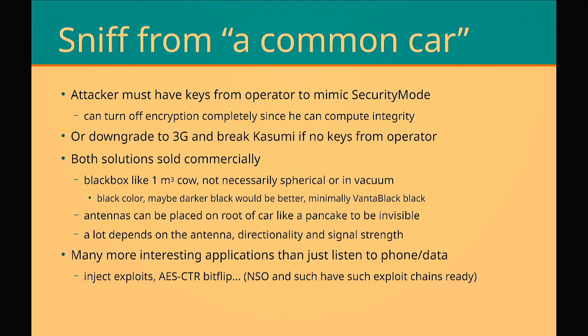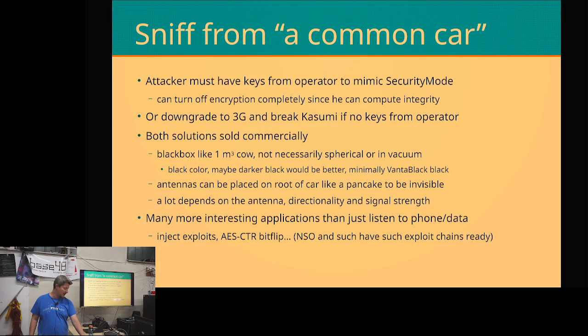And if you want to sniff it from a common car, where the box is this big, you either have to have the keys from the operator, otherwise you will not get through the security mode command, or you have to downgrade from 5G, 4G to 3G and break the cipher there.